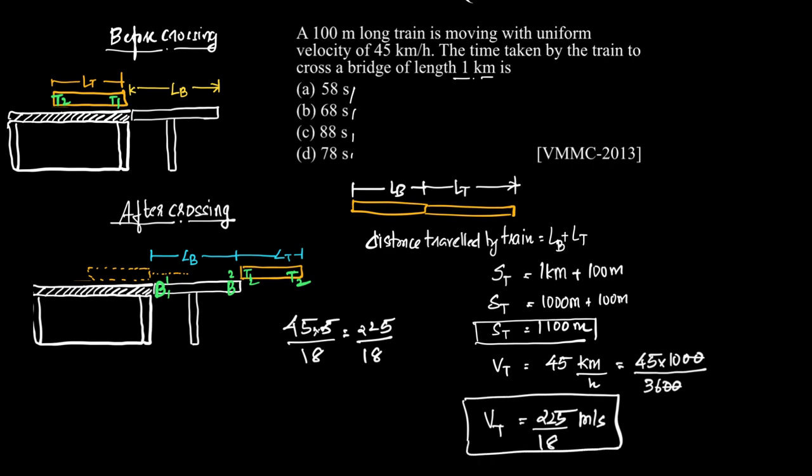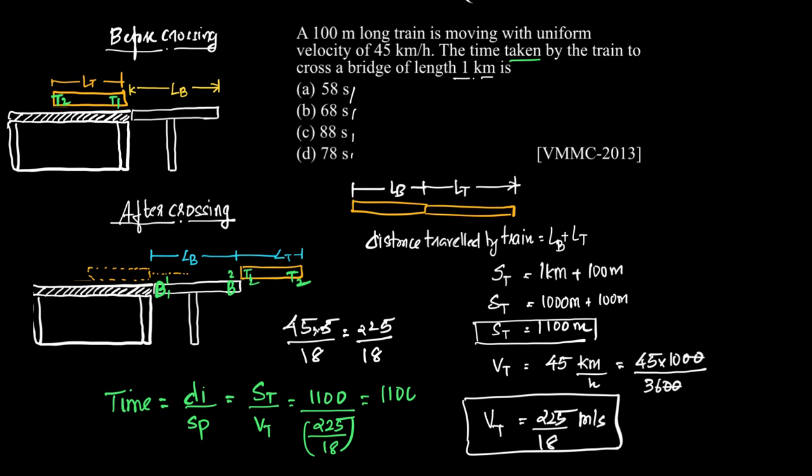Now what we are supposed to find out is the time taken. So time taken would be equal to distance by speed. What is distance? Distance is ST. What is speed? Speed is VT. So ST is 1100 whole upon speed, 225 upon 18. So this becomes 1100 into 18 the whole upon 225, right?